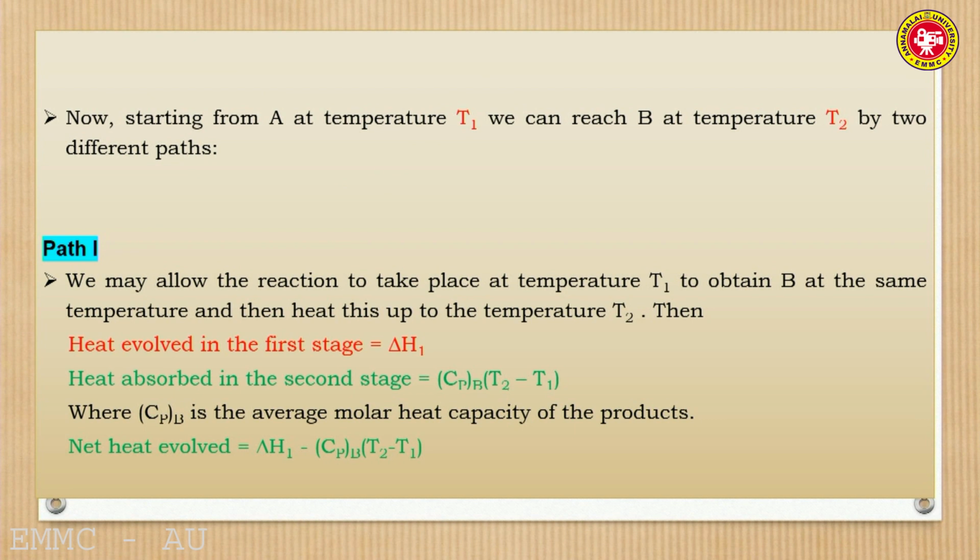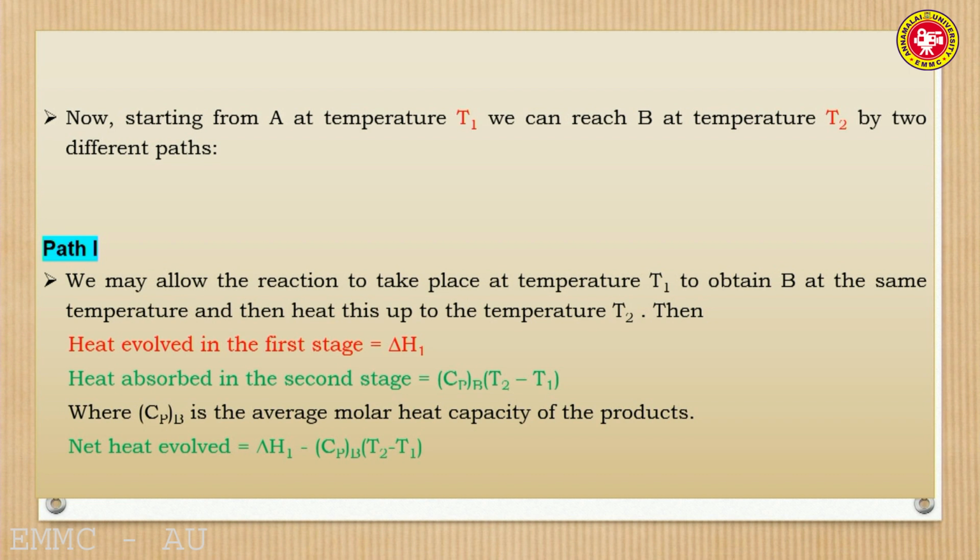Now, starting from A at temperature T1, we can reach B at temperature T2 by two different paths. In path 1, we allow the reaction to take place at temperature T1 to obtain B at the same temperature, and then heat it up to the temperature T2. Then the heat evolved in the first stage is equal to delta H1.